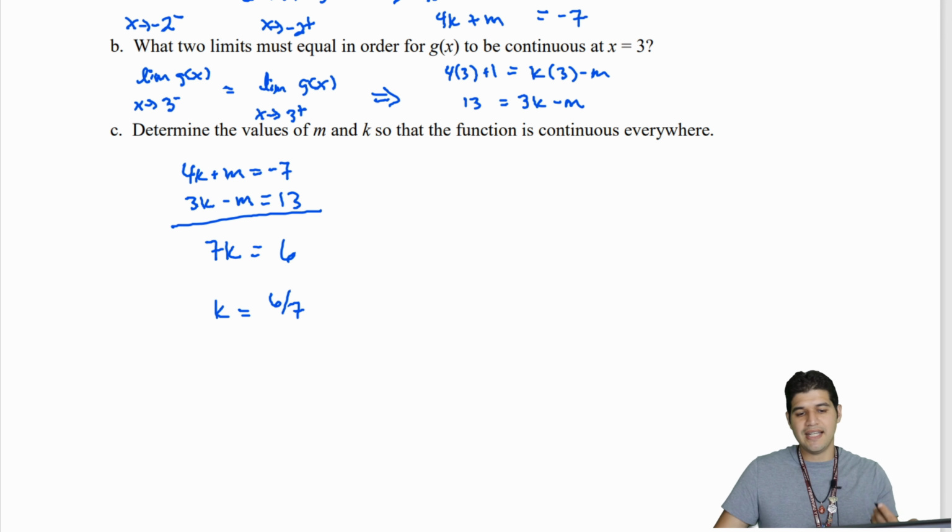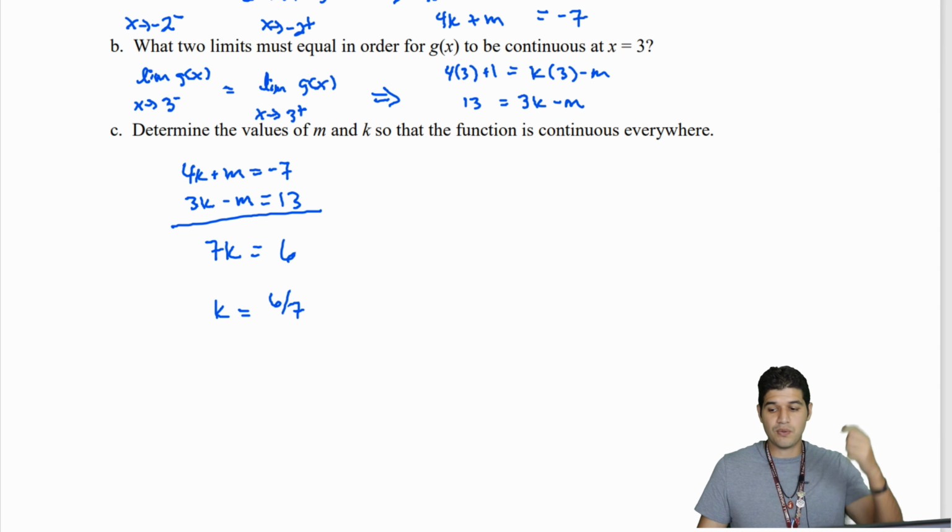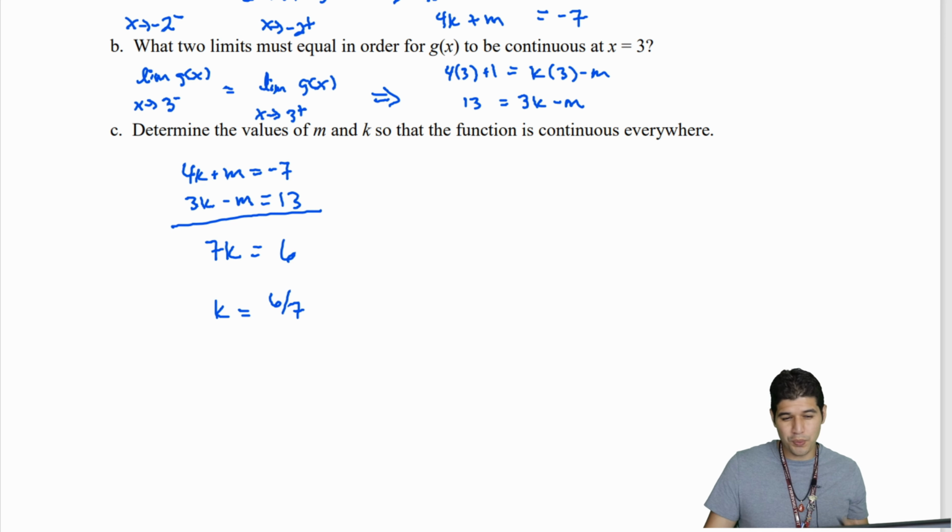All right, so now I'm going to take that value for k and substitute that into one of our equations up above. I don't think it really matters too much, but I'm going to go with our second equation. It just looks maybe a little bit simpler to work with. So 3k, but I already know k is 6/7, so 3 times 6 over 7 minus m equals 13.